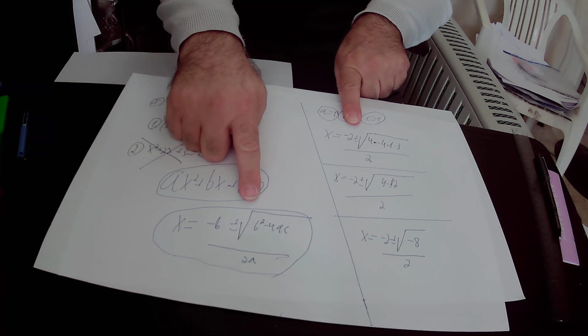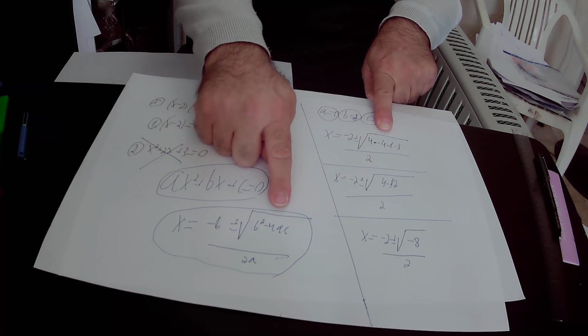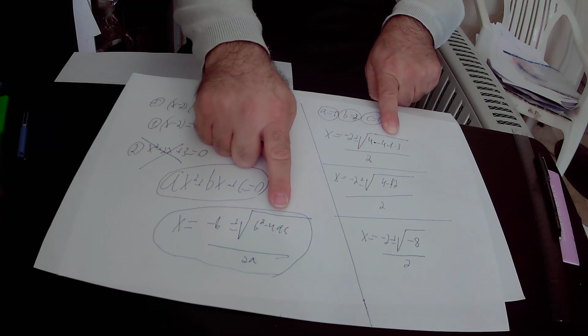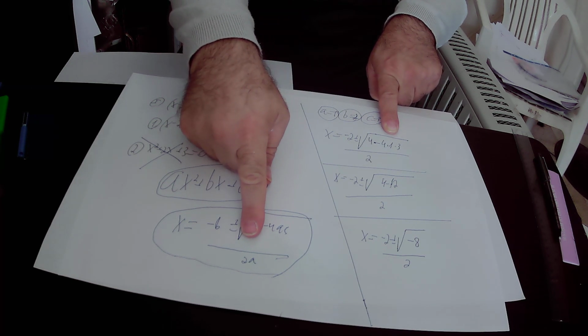B is 2, so minus b is minus 2, plus minus square root of b squared. B squared is 2 squared, which is 4, minus 4 times a times c. A is 1, c is 3, so it is minus 4 times 1 times 3, over 2a. A is 1, so 2 times 1 is 2.